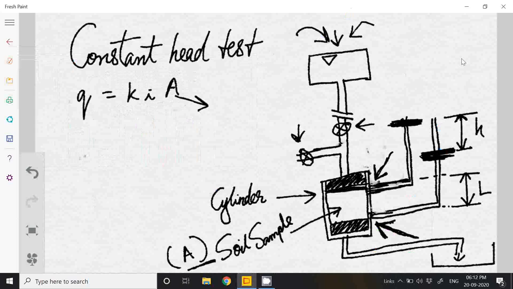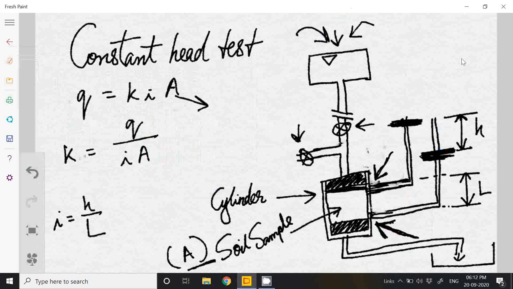It will be nothing but the cross section of the cylinder, because the soil is placed inside the cylinder. Now if I write it like this, K is equal to Q by IA, isn't it? So I we can write as H by L, the difference of head by the distance between them.